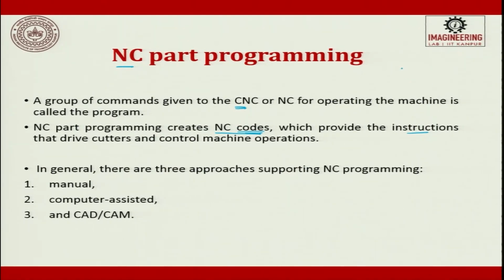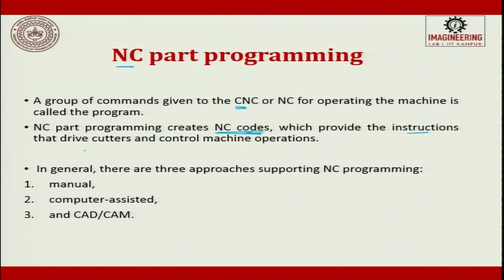So, here those library functions are nothing but the codes. NC part programming creates NC codes. These codes are library functions which do a specific task, which provide the instructions that drive cutters and control machine operations, the movement of the cutter and the machine execution.